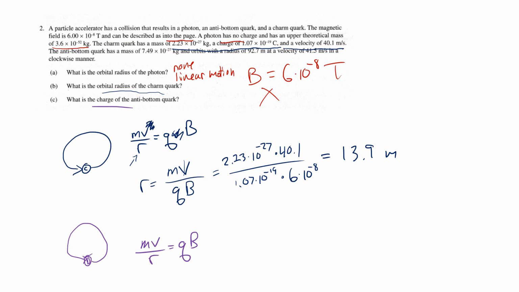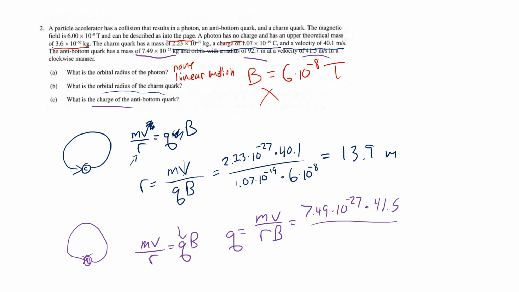All right, so for the antibottom quark, we have a mass, we have a radius, and we have a velocity. All we're going to do is solve for q here. So q is going to equal mv divided by rB. So m is 7.49 times 10 to the negative 27, times velocity, which is 41.5, divided by our radius, which was 92.7 meters, times B, which is 6 times 10 to the minus 8.